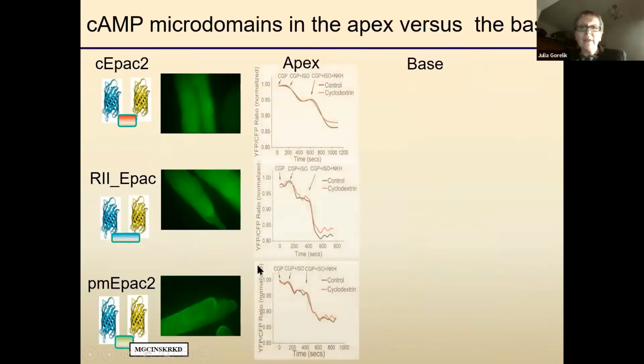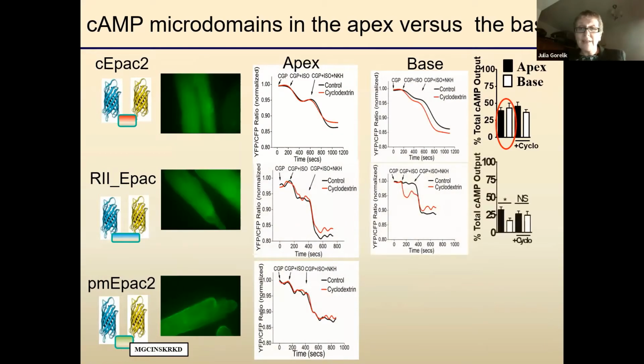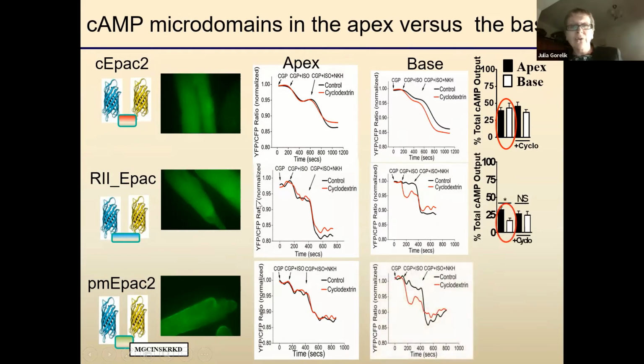And we found that we don't have any differences in the cytoplasmic sensor between the apex and base, but when we use the RII sensor, a local sensor for PKA activity, we have differences between apex and base. And when we destroy the caveolae, we don't see this difference anymore.